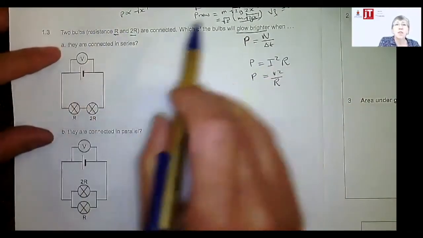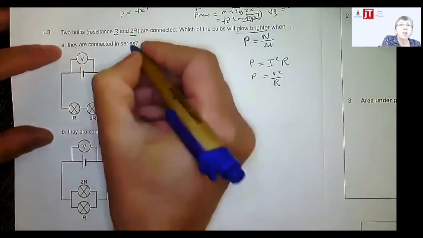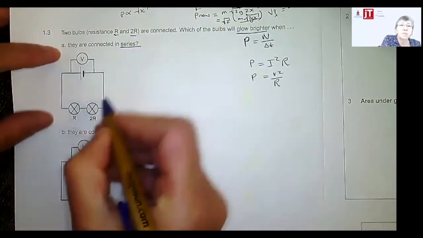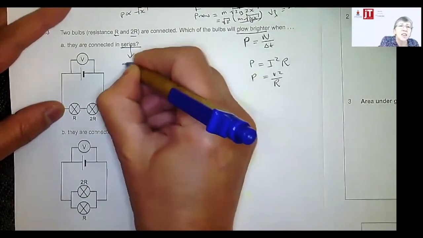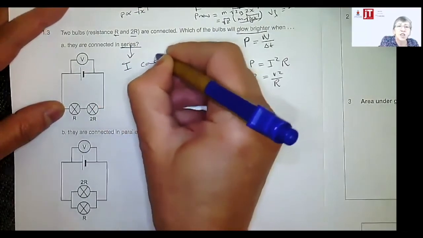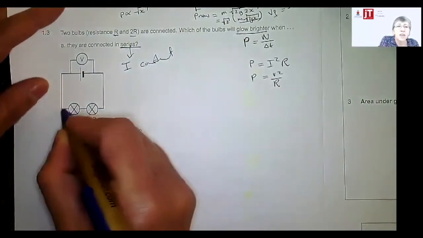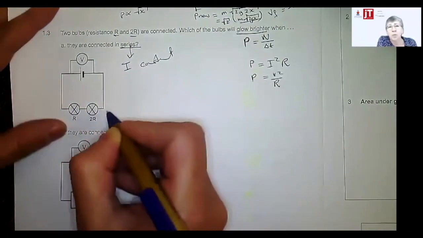Now let's look at the first one. They ask which one is brighter when they are connected in series. What do we know when they're in series? Current is constant, right? The same current, if there's 3 amps flowing through this one, that will be 3 amps as well.